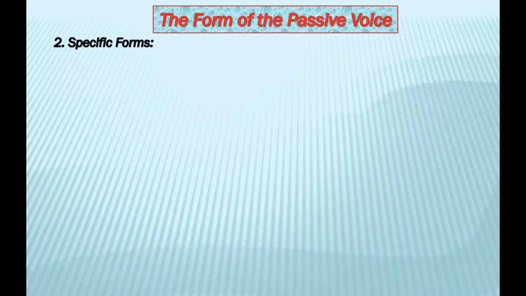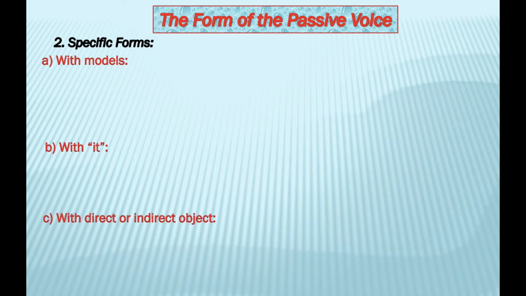In this stage, we are going to tackle specific forms, which are based on the 3 forms: with modals, with it, and with direct or indirect object. With modals, I will give you 2 sentences.